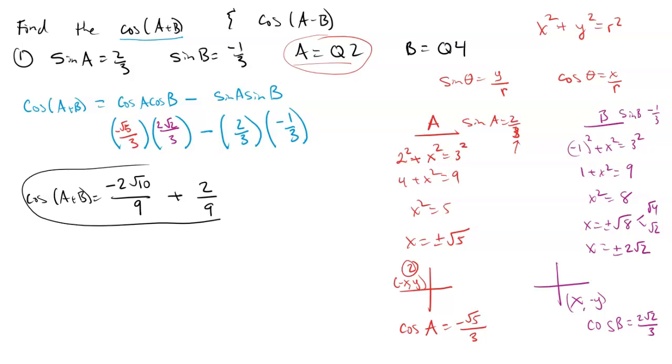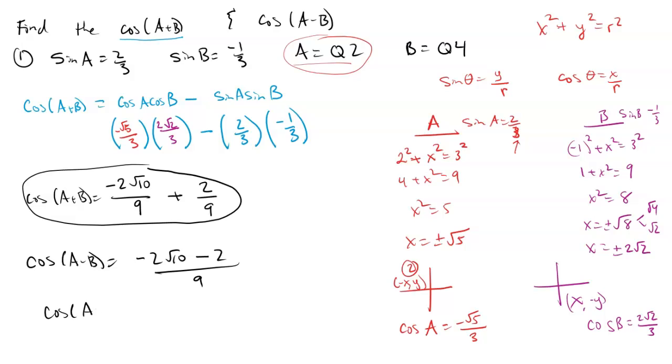Now the great thing about this is once you find your A plus B, your A minus B is just the opposite. So negative 2 root 10 minus 2, and again, all over 9. Because the only difference is when we're subtracting, we're going to say cosine of A, cosine of B. This time there will be plus, and then, oops, I started writing out the values.